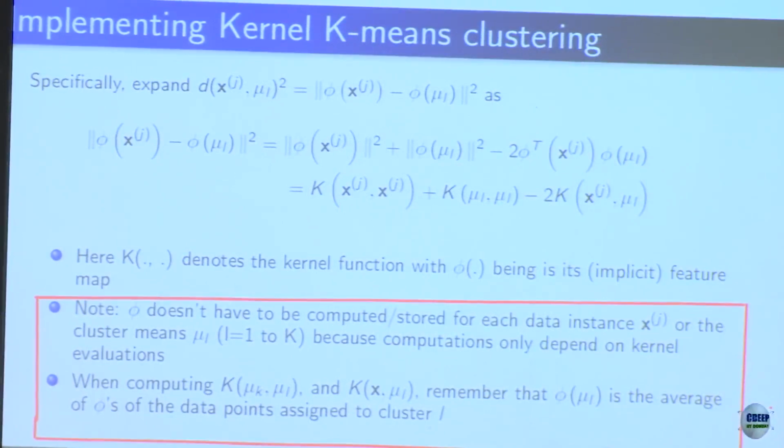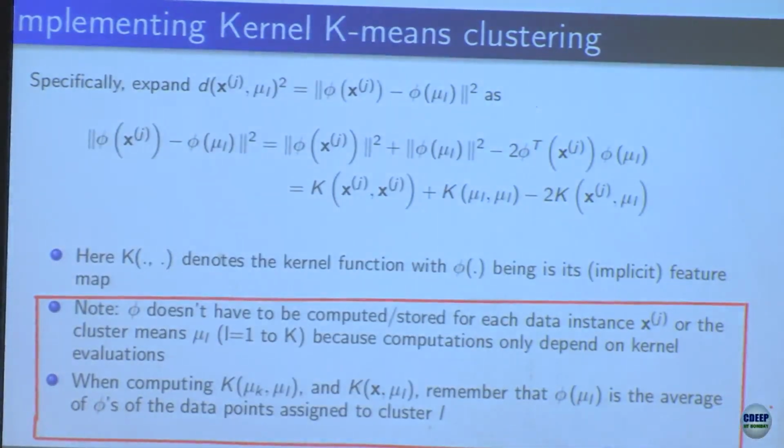And then computing k(x, mu l) and k(mu l, mu l), remember that phi mu l is the average of the phis of the data points assigned to cluster l, but without having to compute them explicitly, because phi could be infinite dimensional and I don't want to compute phis, otherwise the whole purpose of kernels is defeated.